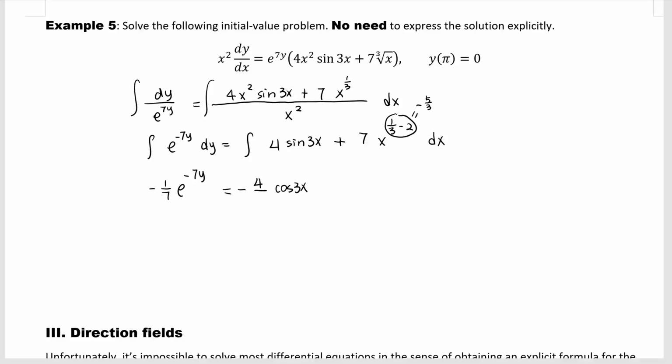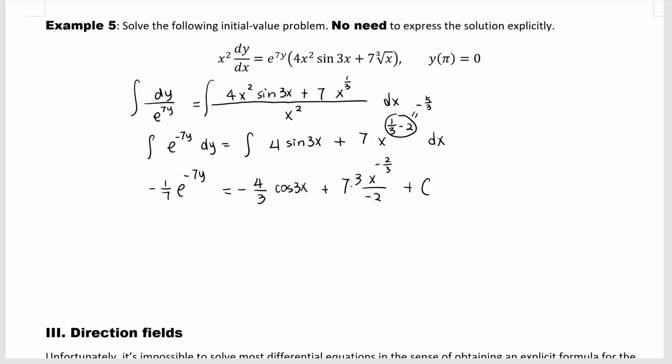And the 3 will actually come in front in the denominator. Okay, 7 stays here. When you add 1 to the exponent, -5/3 plus 1 is -2/3, divided by -2/3, and then plus c.